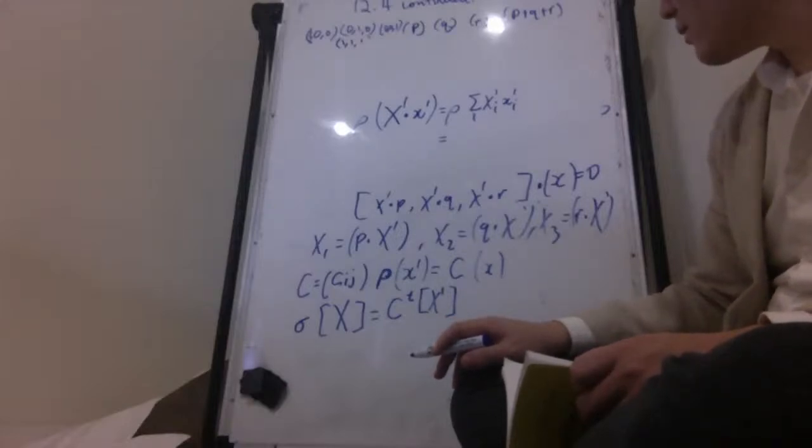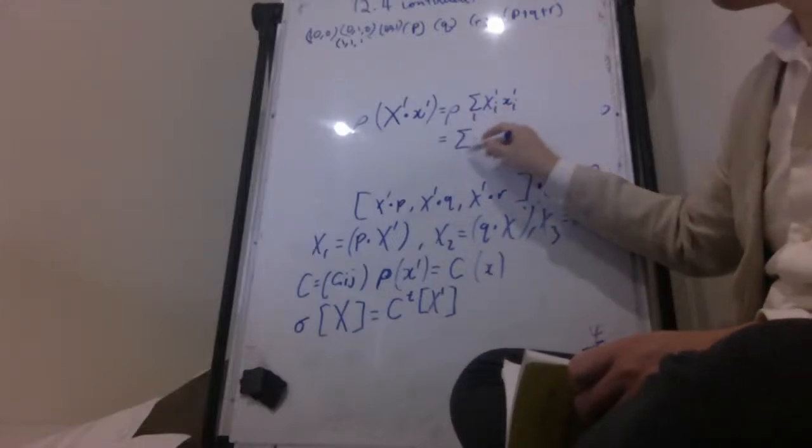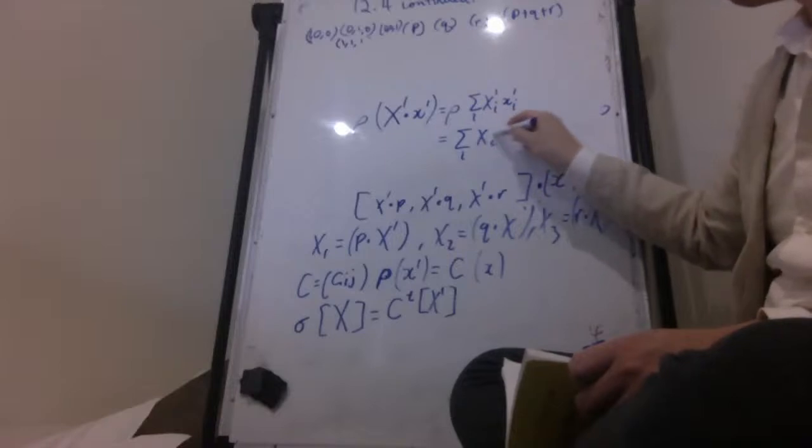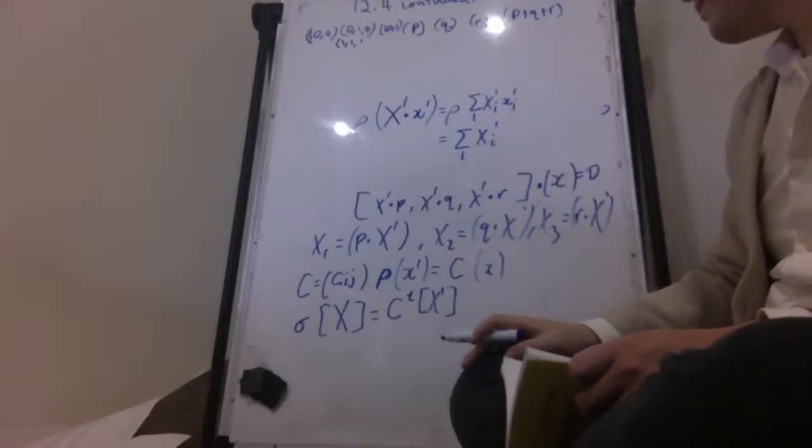So you have the sum, so the sum I, xi prime, and then it's row xi prime.